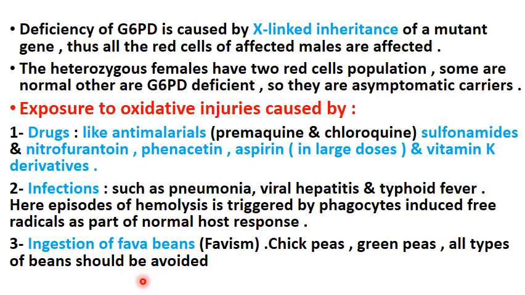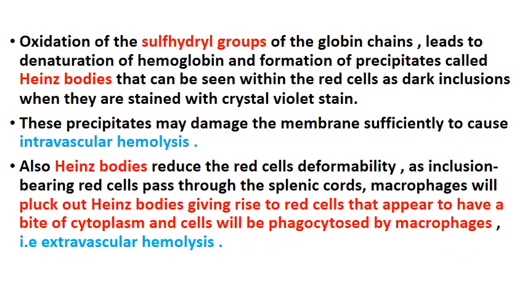When ingested by those patients, it will lead to hemolysis. لهذا يسموه التفول. مرض التفول اللي يأكلون الفول ومش بس الفول، the chickpeas الحمص, any type of البقوليات in general will lead to hemolysis in the patient with G6PD.